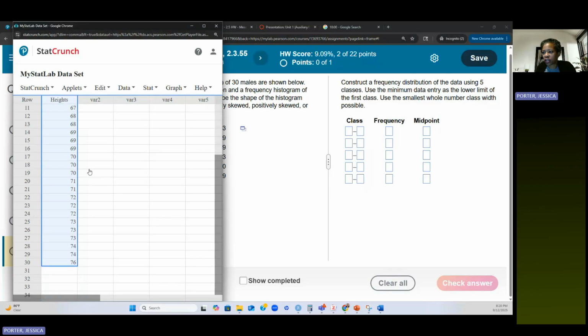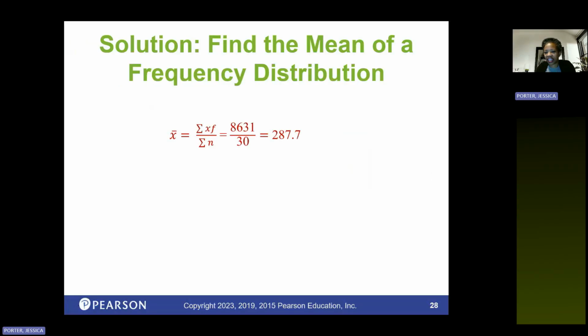So to find the class width, we take the largest, which is 76, and we subtract the smallest, which is 62. So 76 minus 62 is 14, right? Am I right? 76 minus 62, 14. And divide that by 5. Thank you.